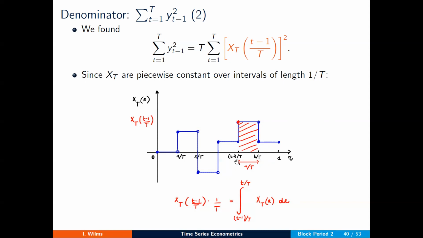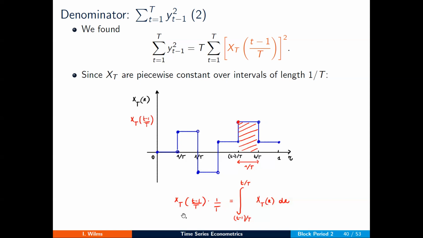Now the function value at r equal to t minus 1 over capital T is this point over here, indicated also on the vertical axis. And if we would like to compute the surface of this area under the curve, we would be getting the function value at r equal to t minus 1 over capital T multiplied by the length of this interval, which is just 1 over capital T. And that gives this area over here.